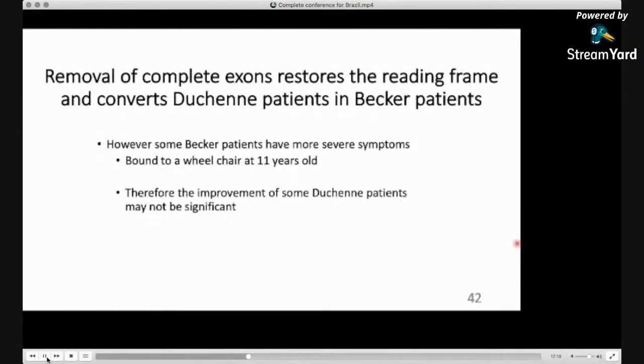The removal of one or several complete exons may thus restore the reading frame and convert a Duchenne patient into a Becker patient. However, some Becker patients have severe symptoms and are bound to a wheelchair at the age of 11. Therefore, the improvement of some Duchenne muscular dystrophy may not be significant.